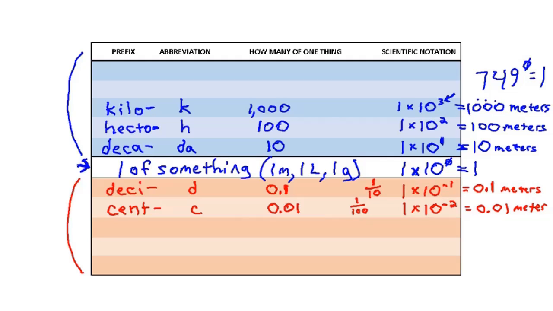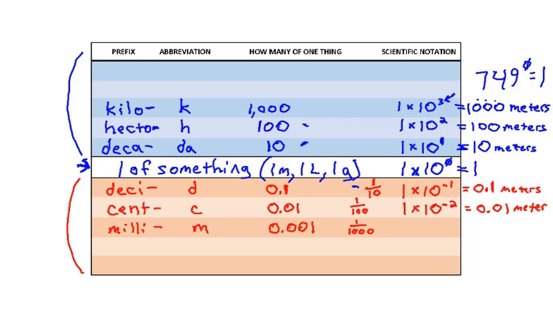Now the opposite of kilometer, down here in the smalls, is going to be milli. And that's a lowercase m. And milli is 1/1000th. So it's 1/1000th. Because see, up here in the bigs, Deca is going to be just 10 of something. Deci is going to be 1/10.